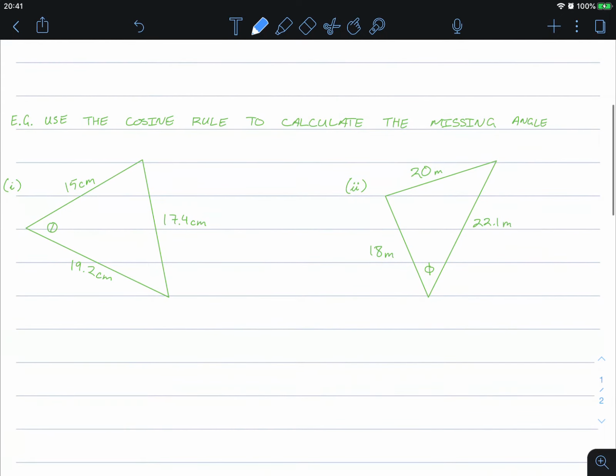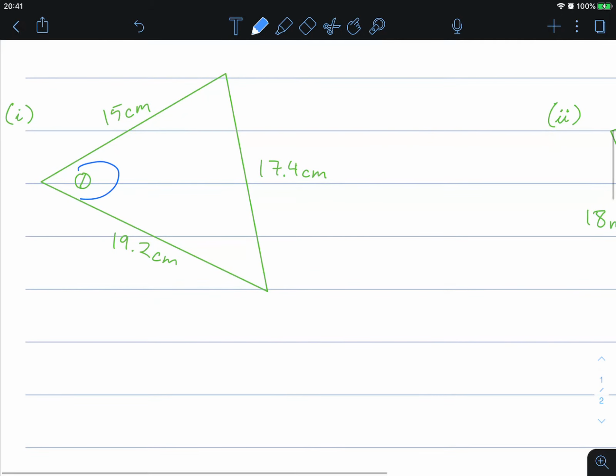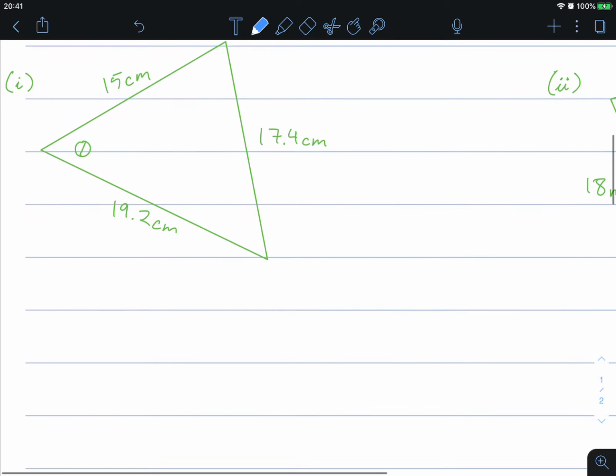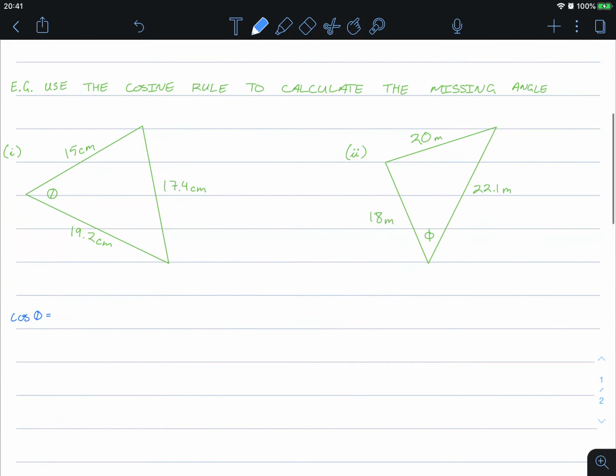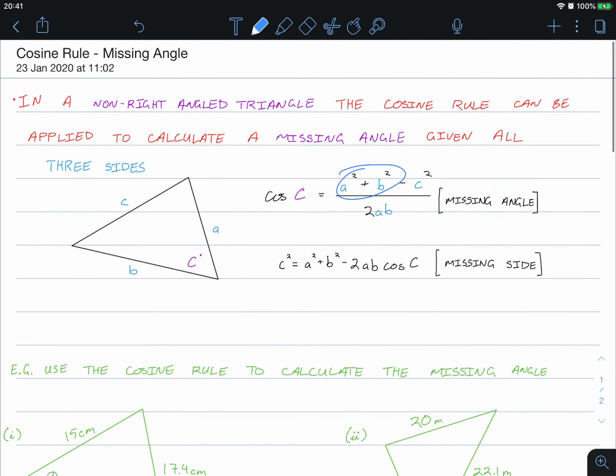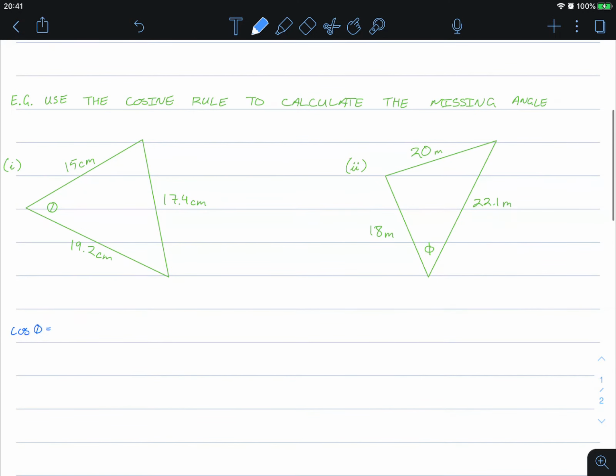Alright, let's get straight to it. So in this case, I want to calculate theta. So let's have this as cosine theta. Cosine theta equals A squared plus B squared, the two adjacent sides first.